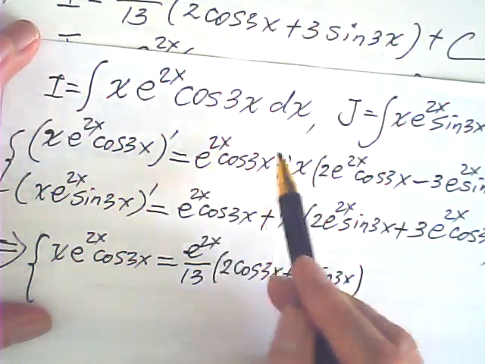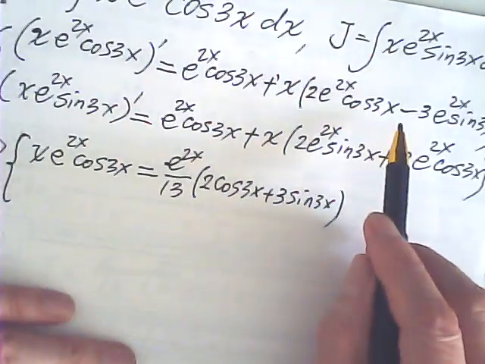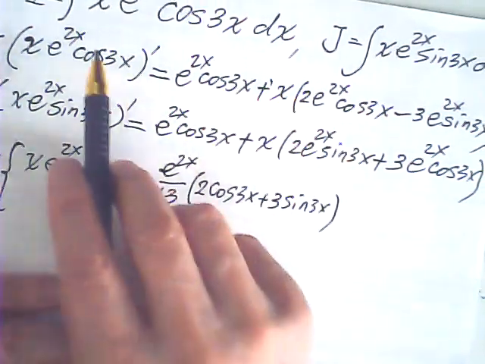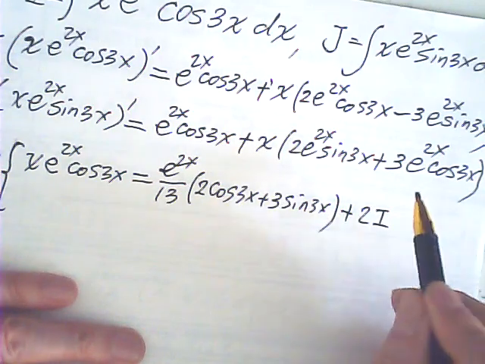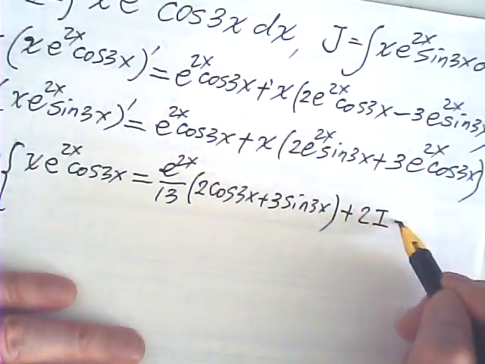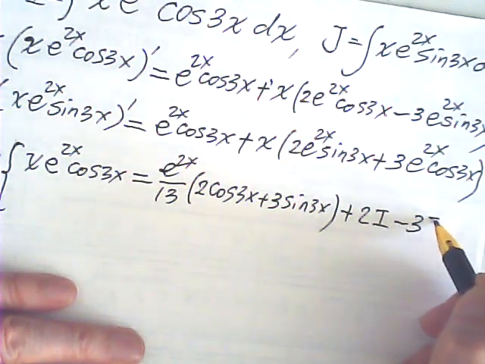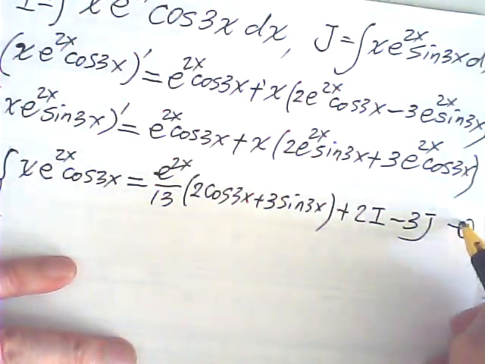That is the antiderivative, the integral I just have done. And this integral is 2I, this integral is 3J, right? So that's equation 1.